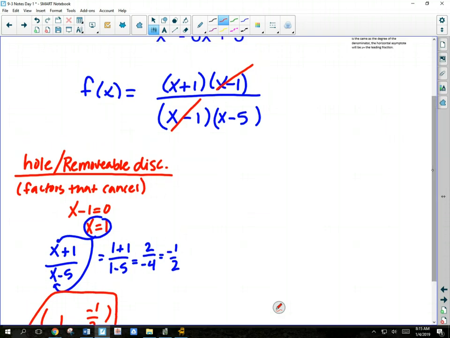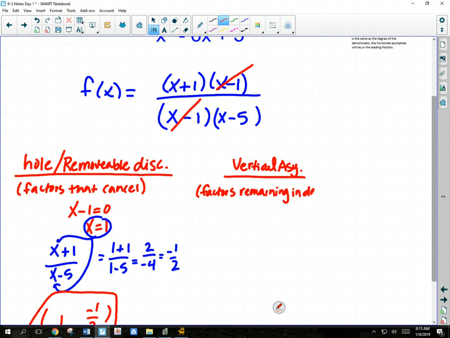Then my vertical asymptotes, I'm going to abbreviate that. My vertical asymptotes come from factors that remain in the denominator that would make the denominator be 0, okay? Factors remaining in the denominator.